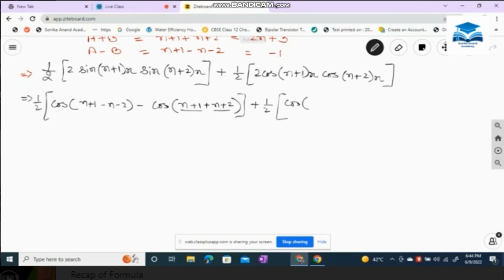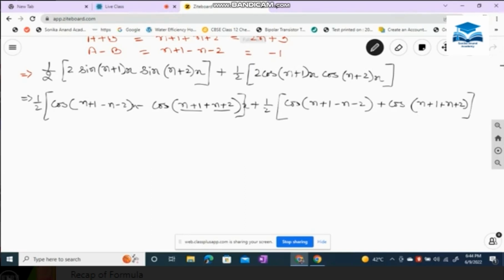Cos of n plus 1 minus n minus 2 plus cos of n plus 1 plus n plus 2. There is x also, we substitute the value of x also in each case.